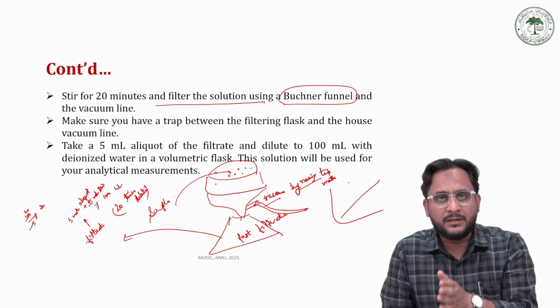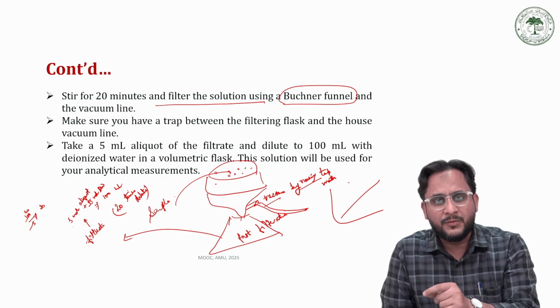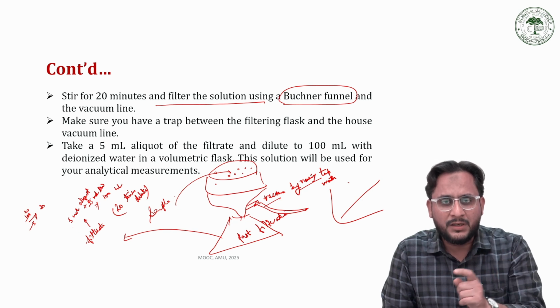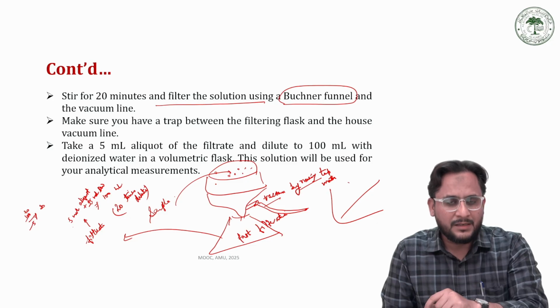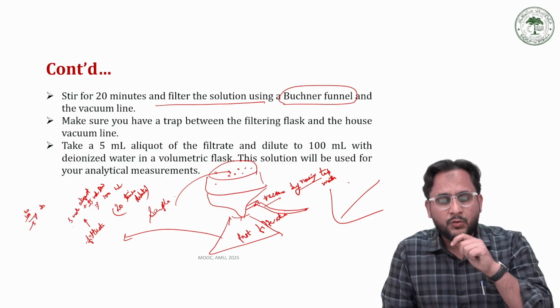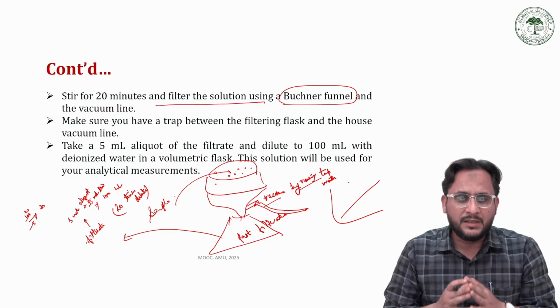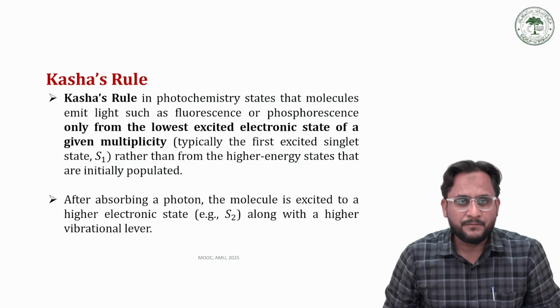Then we take the real sample, dilute it to the required extent, perform the analysis, obtain the reading, put it on the y-axis, and then correspondingly read off the x-axis to know its actual concentration in the sample. In this way the quantitative analysis is done.